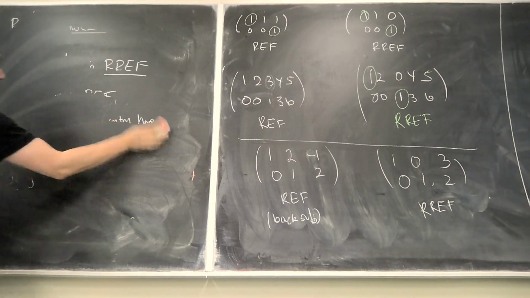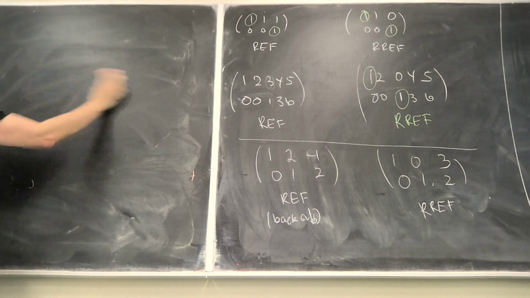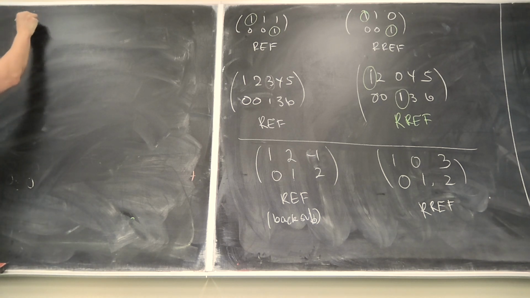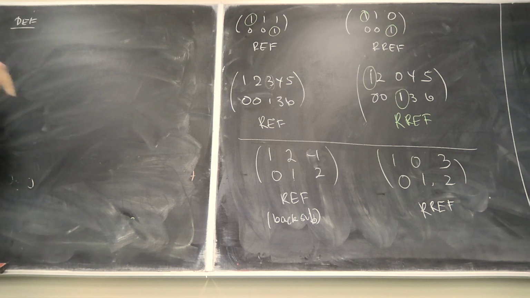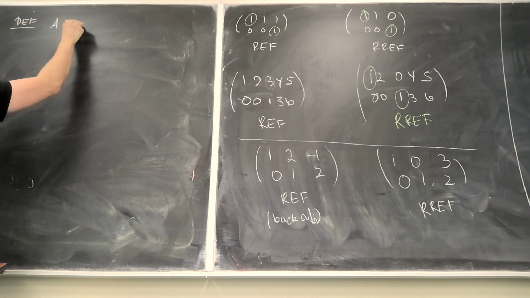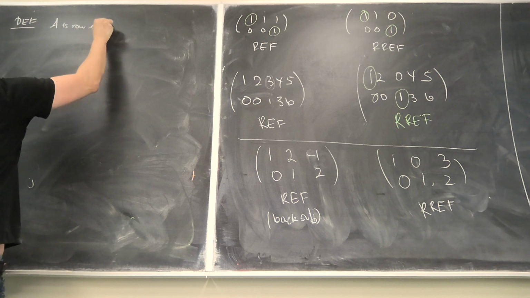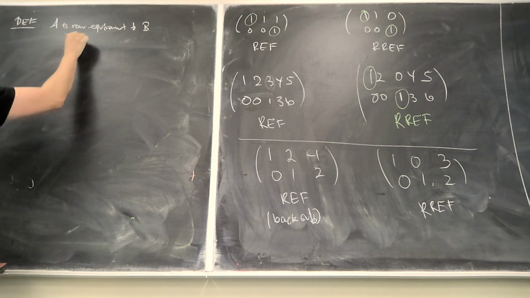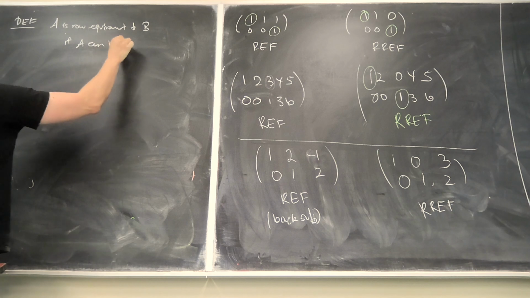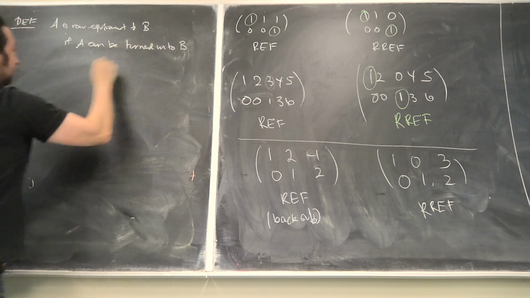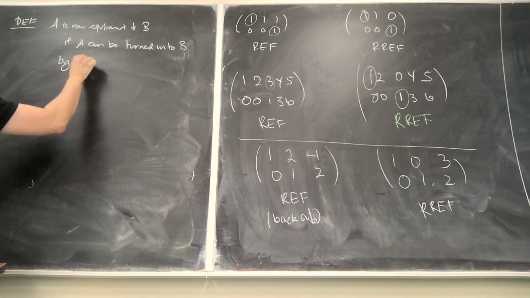So, actually, this goes to here's a theorem I can't prove. This relates directly to your question. So the last thing we'll do here, I'll give you a definition, a theorem, and then we'll do an example. So definition, A is row equivalent to B if A can be turned into B by row operations.